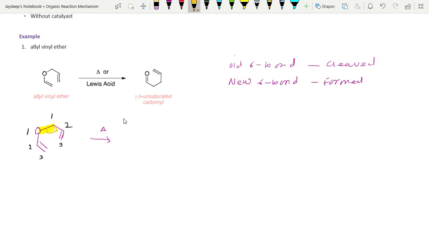This bond is going to migrate here, and this bond is going to migrate here. Due to this migration, a six-membered electrocyclic transition state is formed. The dotted lines indicate the new bond formation, where a new double bond is formed. Here the oxygen is there. So this is the transition state, which is a six-membered transition state.